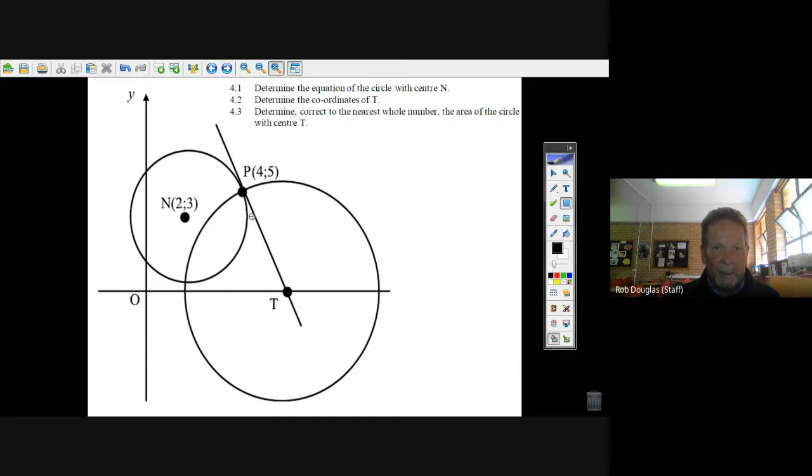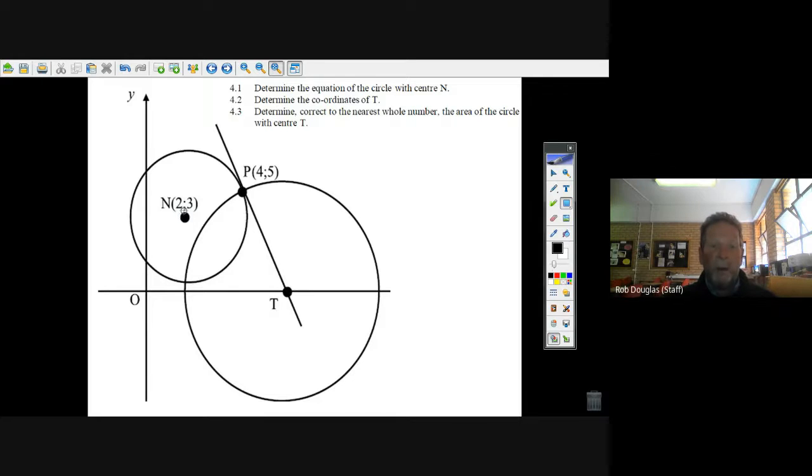The line PT is tangent to the circle right there at P, and it passes through the x-axis at T. That's an x-intercept. The first question is, determine the equation of the circle, this small circle with the center at (2, 3).